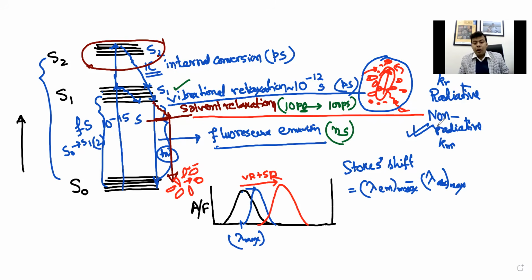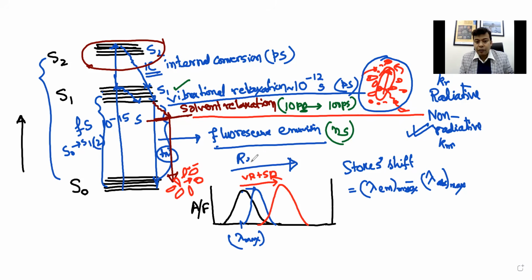In other words, if you go back to the structures of the fluorophores, if upon excitation there is a drastic change in the direction and the magnitude of the dipole moment in the excited state, then of course there will be a very strong solvent relaxation component, which will be evident by a significant red shift.